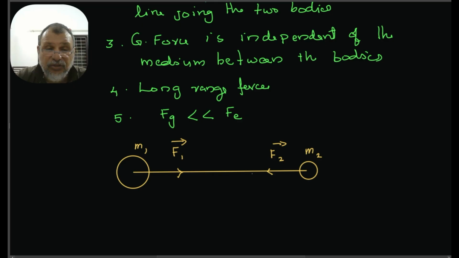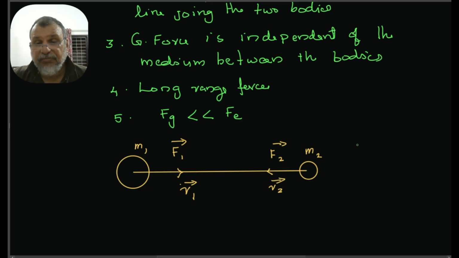This is the distance from m1 to m2, we call it r1, and from m2 to m1, which is exactly the same magnitude, we call it r2. So the relationships are pretty simple. Vector f1 is equal and opposite to vector f2. Of course, vector r1 is equal and opposite to vector r2.